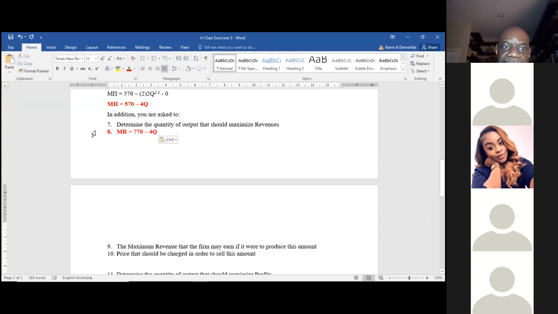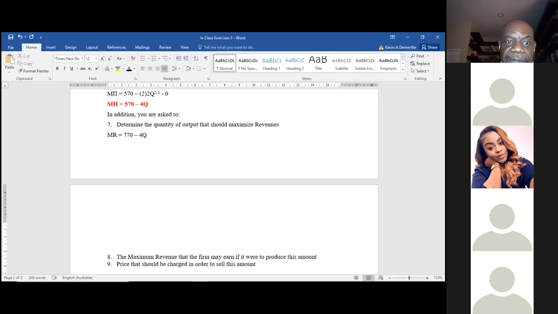Paste. It doesn't have a number, and it doesn't need to be bold or black. They said set it equal to 0 and solve. To set it equal to 0, we just call it 0. We said 0 equals 770 minus 4Q.